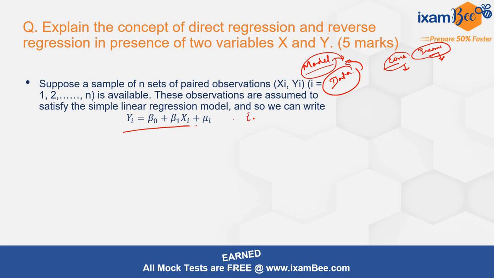So the difference from the point on the fitted line to the observed value is your error, represented by mu i, and yi is your dependent variable, and beta naught and beta 1 are the parameters of the model. This is what you have to estimate. You do not know this for the population, so you collect data and estimate beta naught and beta 1. Now the famous technique that is used is the ordinary least squares technique.